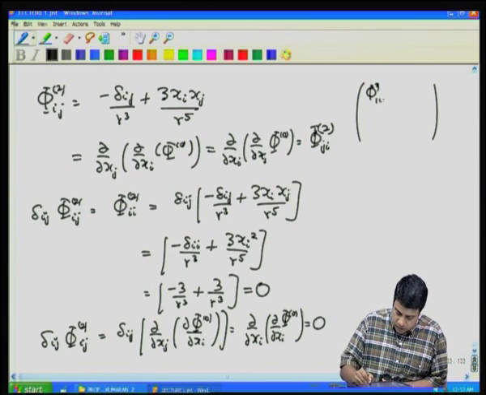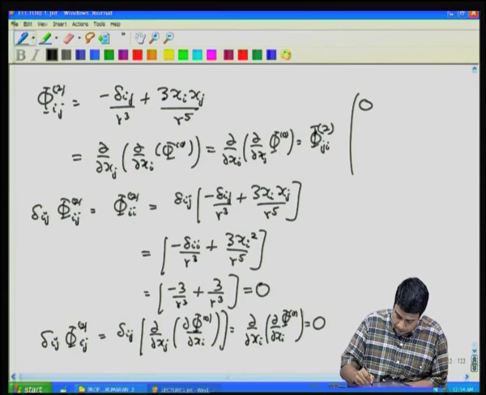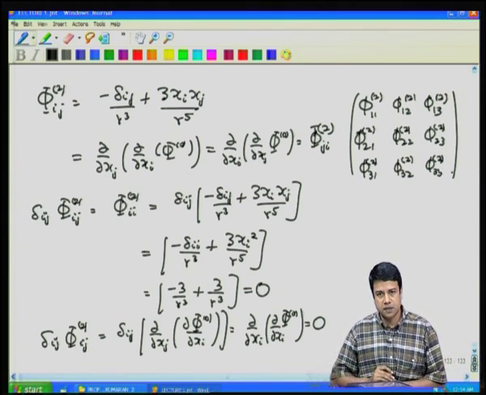phi 2 1 1, maybe not write it down. This is the second order tensor, symmetric, 6 independent components.